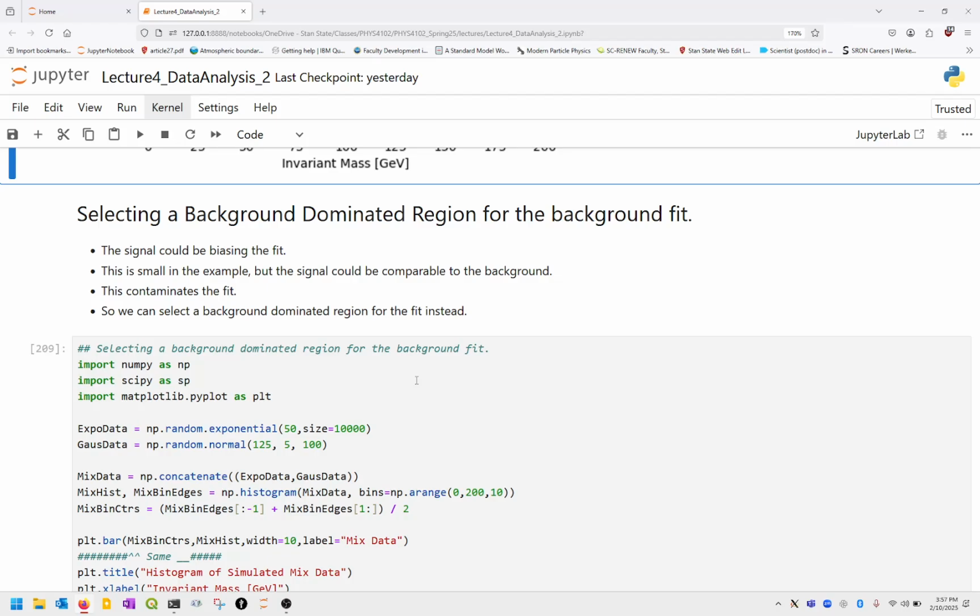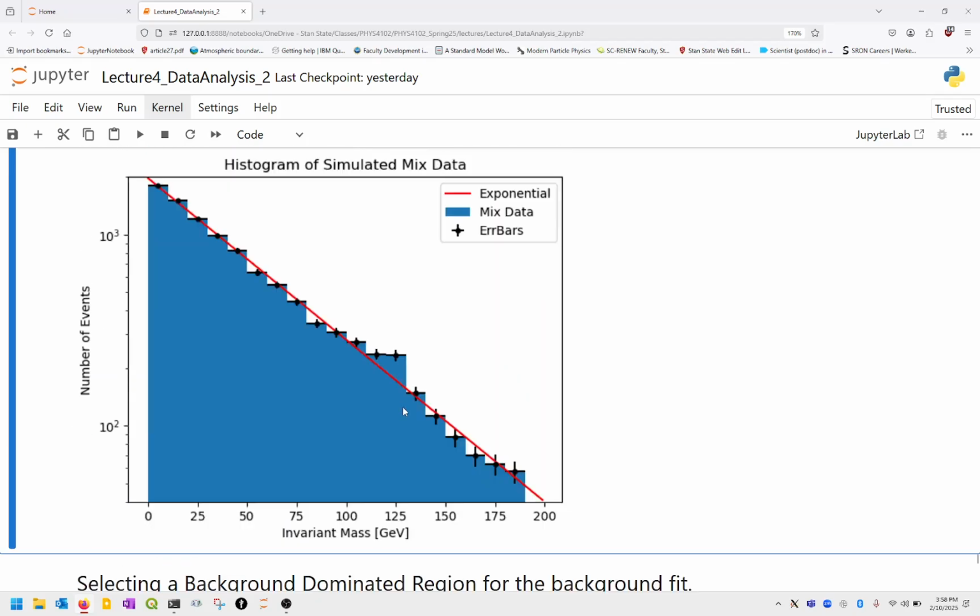And the signal in this case is very small. In the homework, you're going to see a signal that's much bigger. That's going to cause a problem if you don't do the background selection. And it contaminates the fit, as Austin said. So therefore, what we can do is select what's known as a background dominated region to do the fit instead. Looking at this plot, where's the background dominated? We know the signal is here.